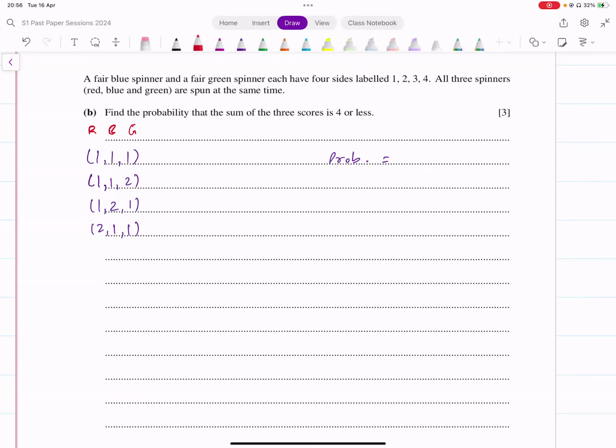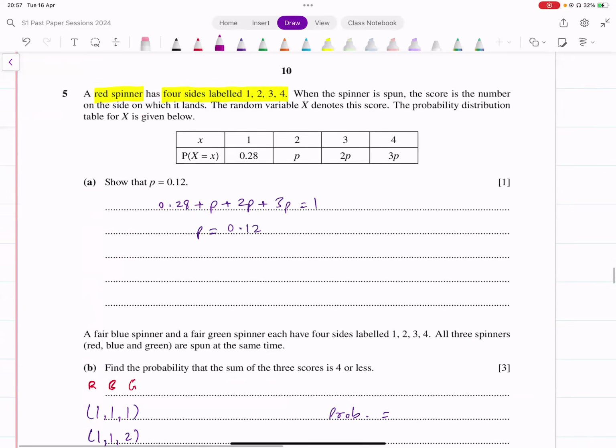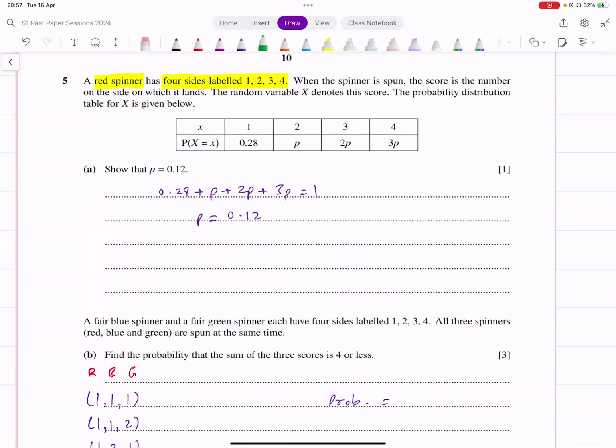How would you calculate that probability? Probability of getting 1 on the red spinner. What's that probability? That's 0.28. Let's actually fill out this table as well now. This is going to be 0.12. This is going to be 0.24. This is going to be 0.36, because we know the value of P is 0.12.